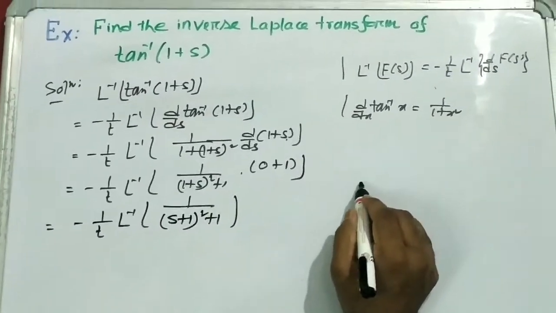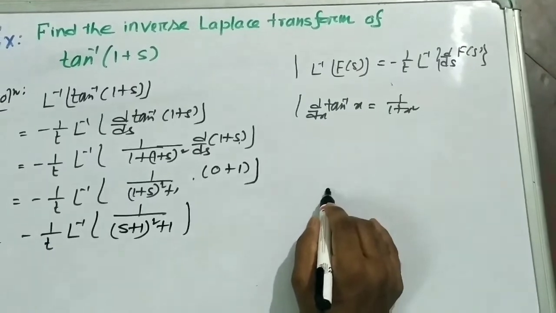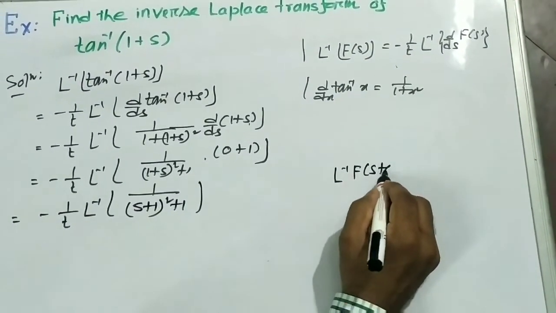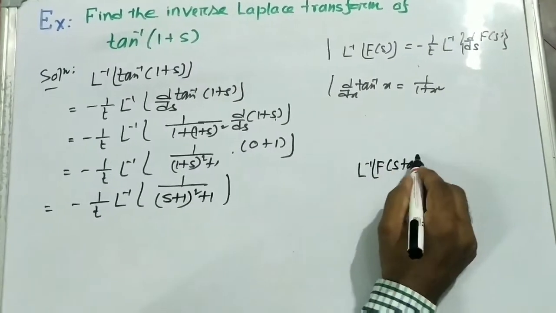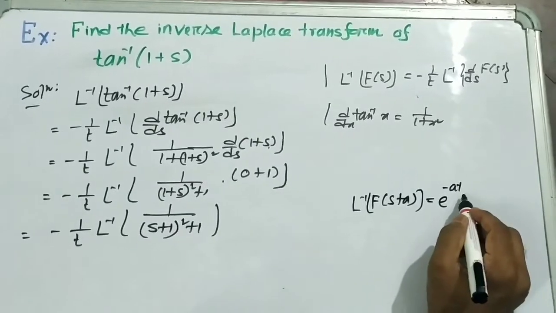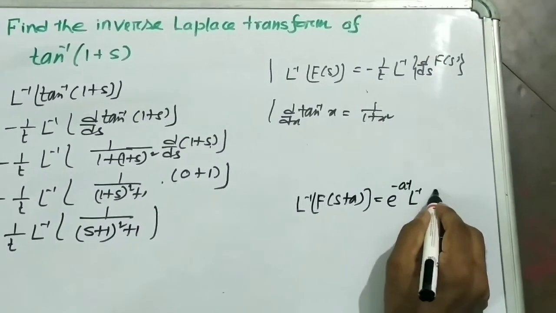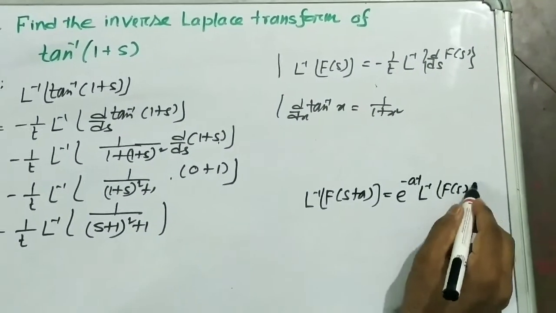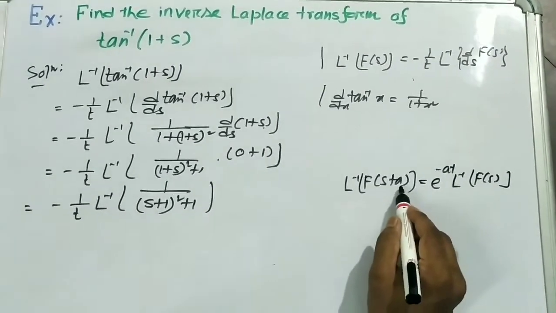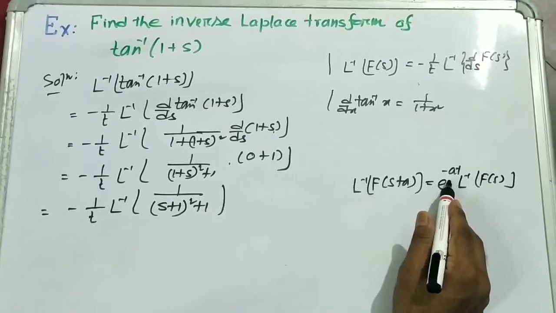Again you know the first shifting theorem property, L inverse of f of s plus a. So if we remove this a, then this will be minus at, e to the power minus at, L inverse f of s. We know the first shifting property. So L inverse of f of s plus a equals e to the power minus at, L inverse f of s.